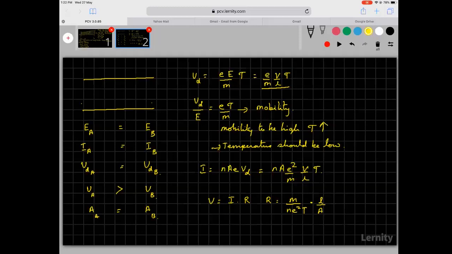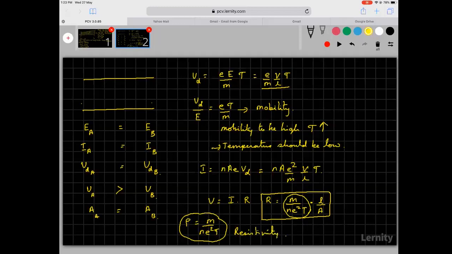So this value here is called rho, resistivity. Resistivity is equal to m by ne squared tau. That is referred to as the resistivity. You make a note.